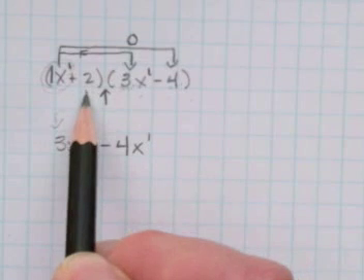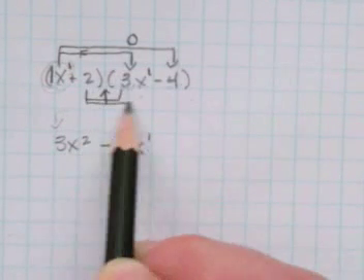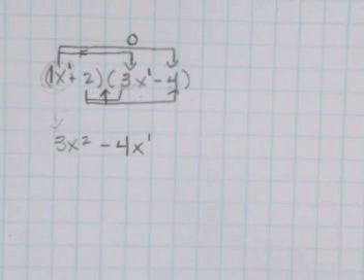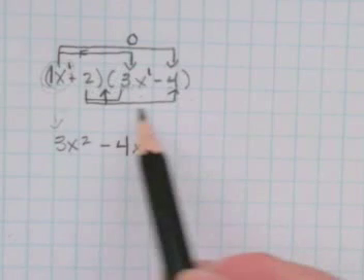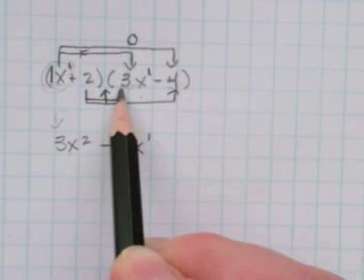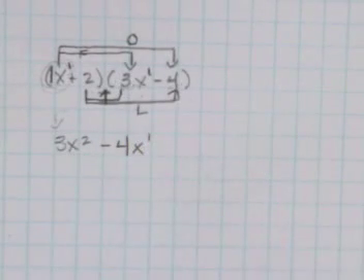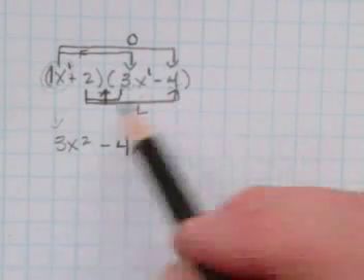Now I need to multiply the second term by both terms in these parentheses. A lot of students who call this FOIL notice that this is multiplying the inner two terms and the last two terms, for the I and the L in my FOIL acronym.